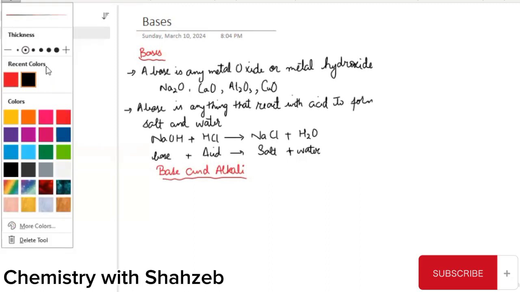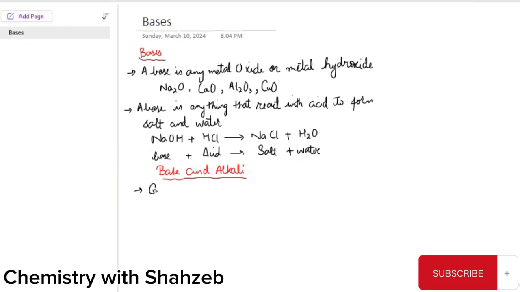First of all, we know that there are group 1 metal oxides, and most of the group 2 metal oxides. This term is very important: metal oxides.